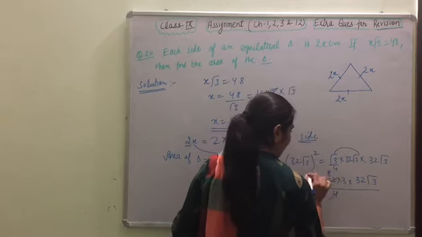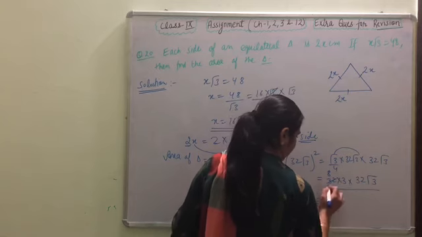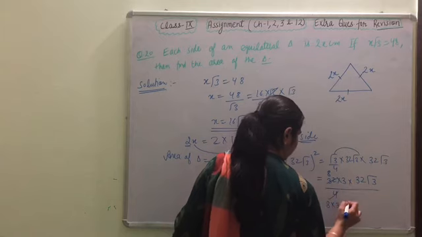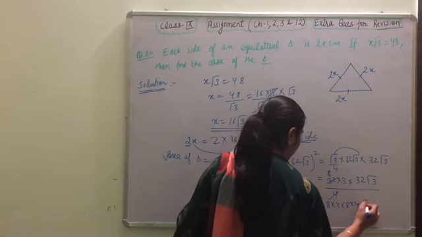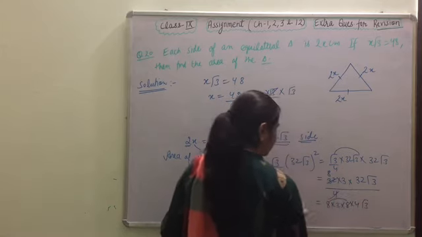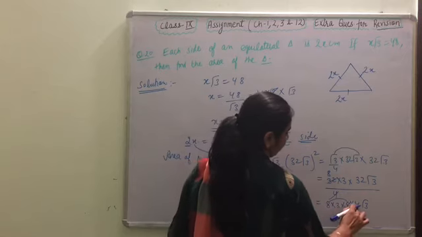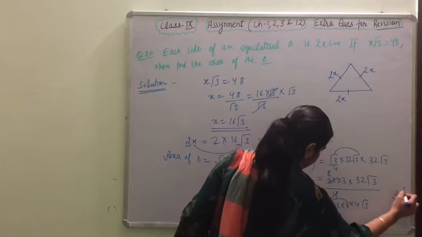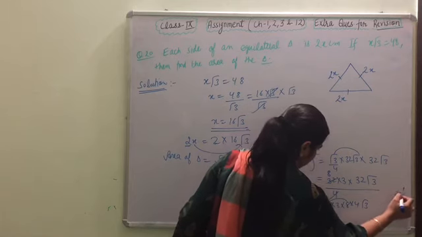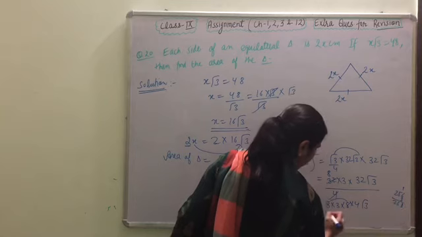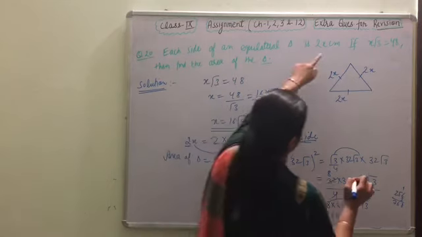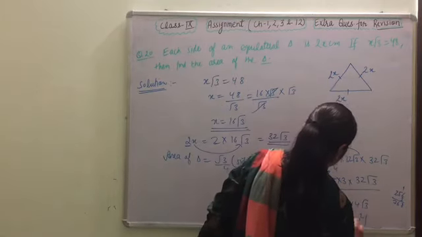Now we can split this term as 8 into 3 into 32, 32 as 8 fours, root 3 as it is. 8 8s are 64, 4s are 256, 256 into 3 is 768 root 3 and the unit is centimeter square. This is the final answer.